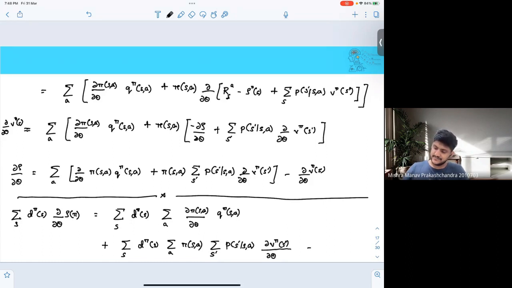Minus the final term, which is simply sum over all s d pi s d by d theta of v pi s, right?